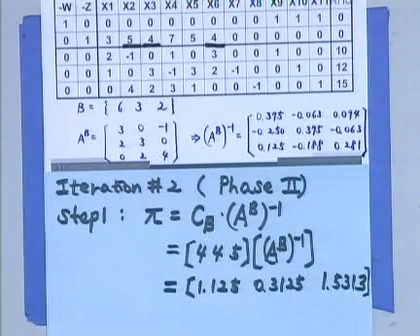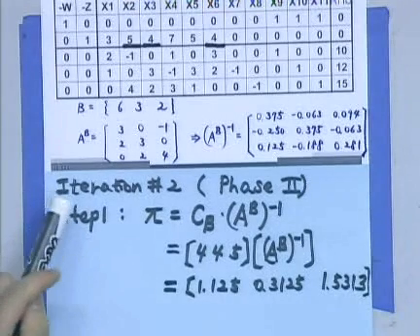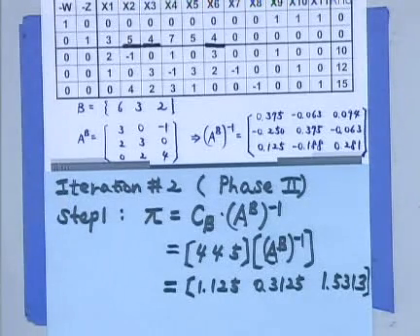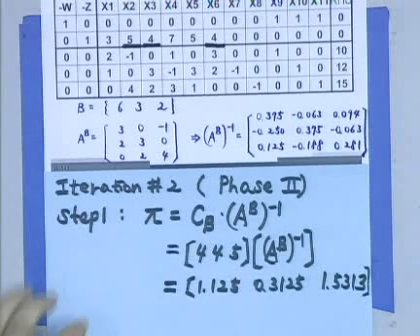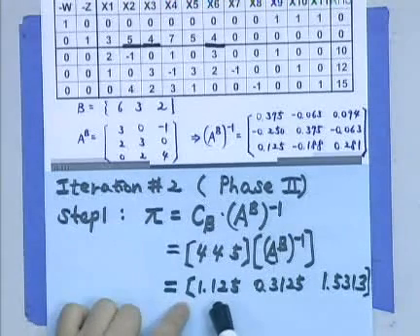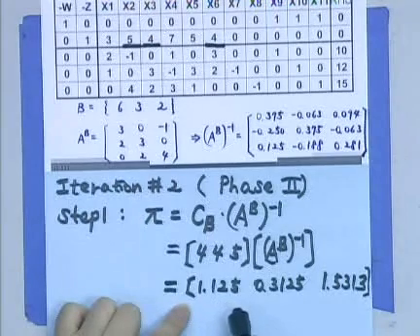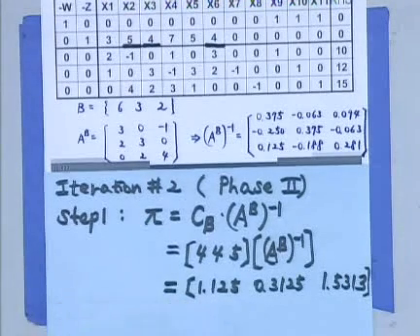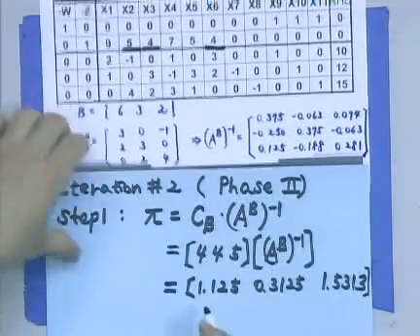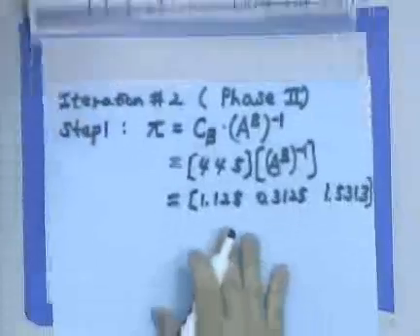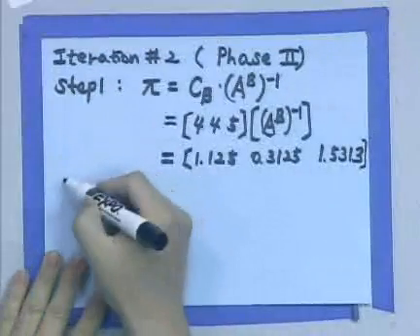And if this iteration number 2 is the final stage, for example, then this pi value should provide the dual solution, right? According to the duality theorem. Next is step number 2.